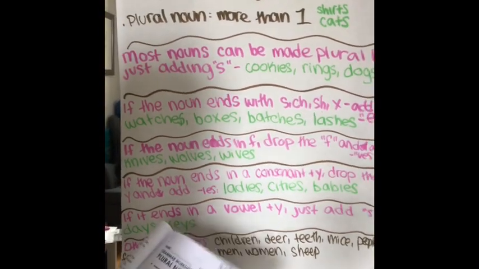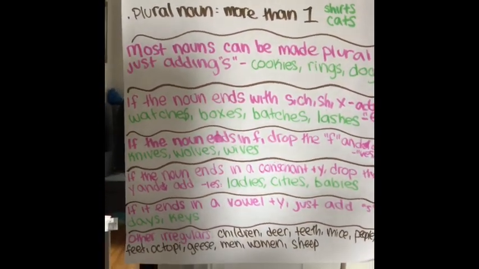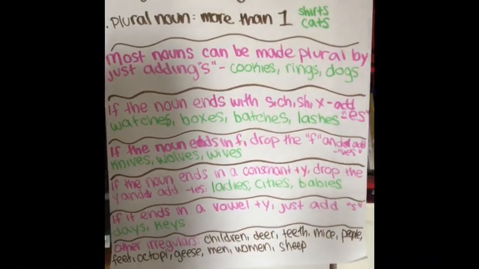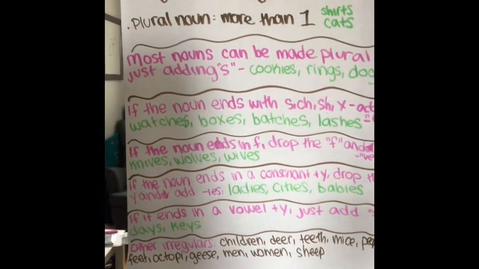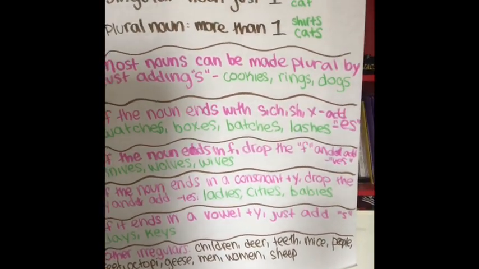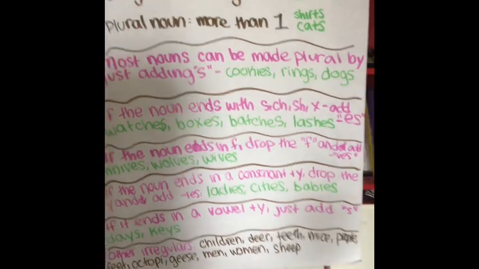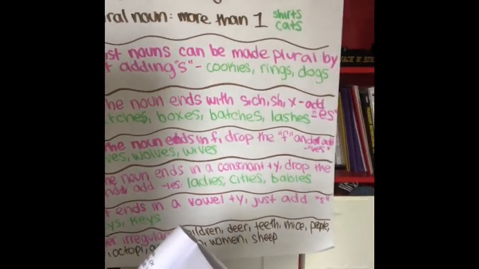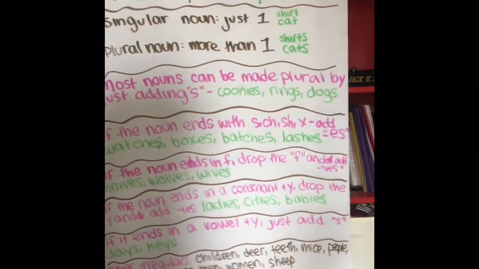Foot becomes feet. Number 10, octopus have 8 arms and live in the sea. How can you make octopus plural? Becomes octopi, just like cactus. Number 11, there are lots of ducks and goose in this park.